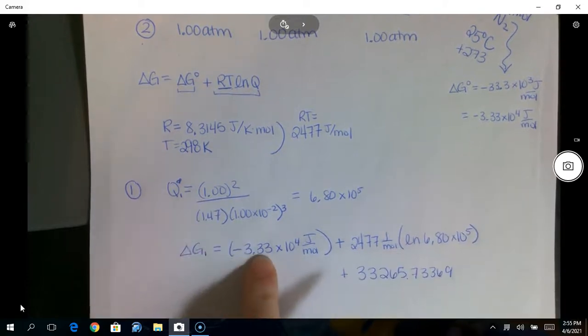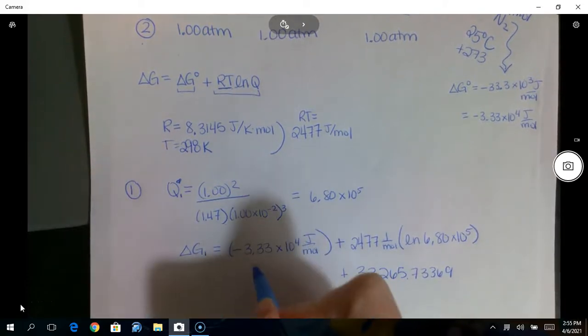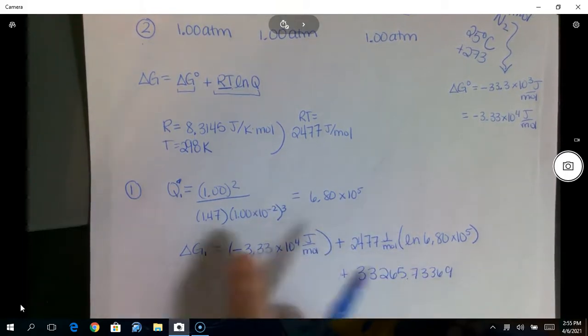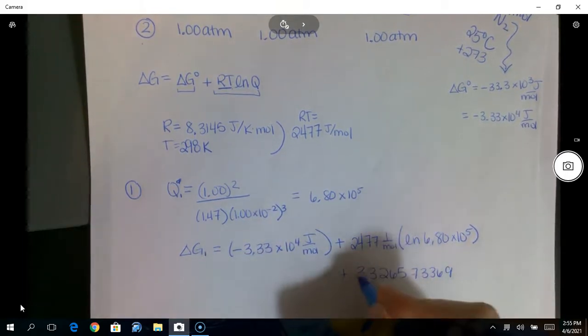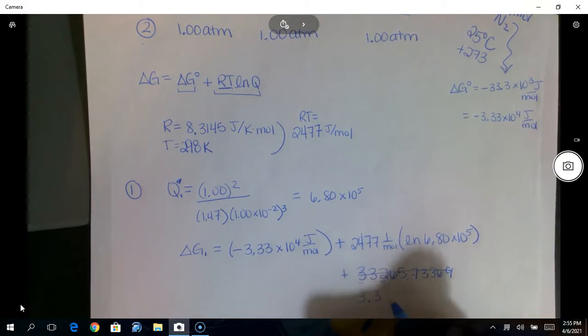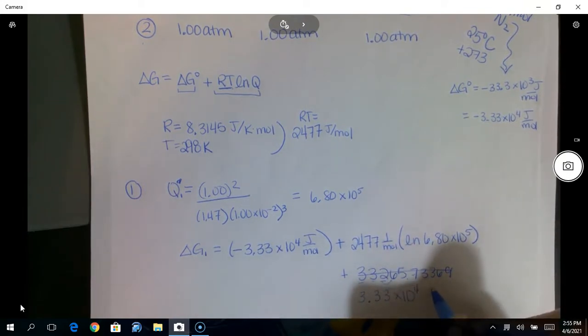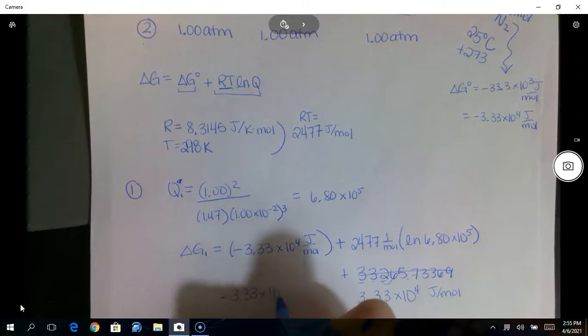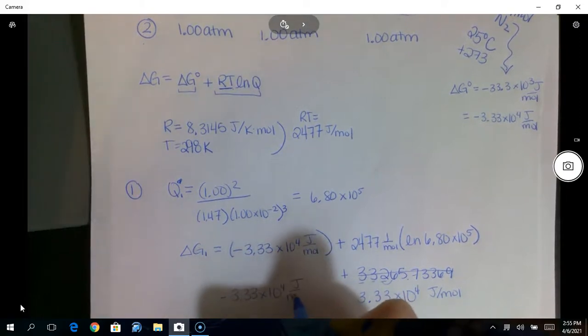Okay, let's put this to 3 sig figs so they match up. So this ends up being 3.3, so 3 sig figs, 1, 2, 3, this 6 bumps that to a 3, times 10 to the fourth. This is joules per mole. I have negative 3.33 times 10 to the 4th joules per mole.